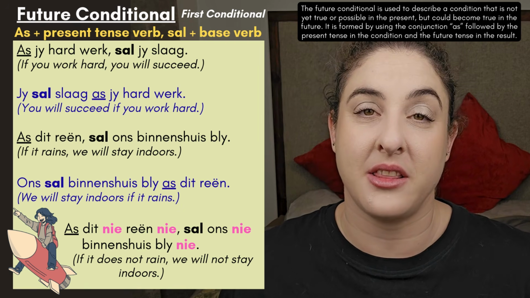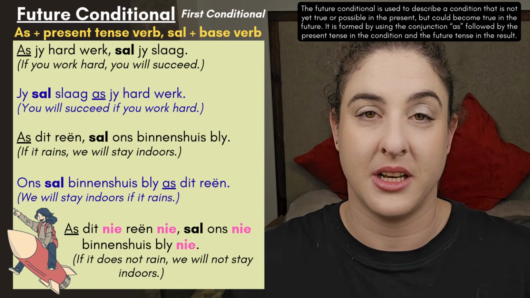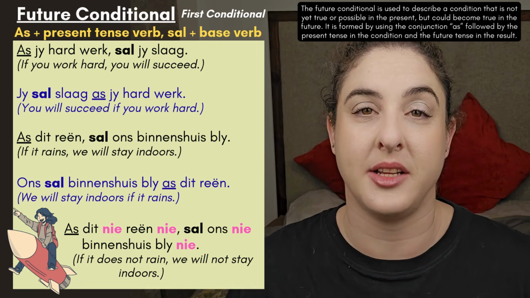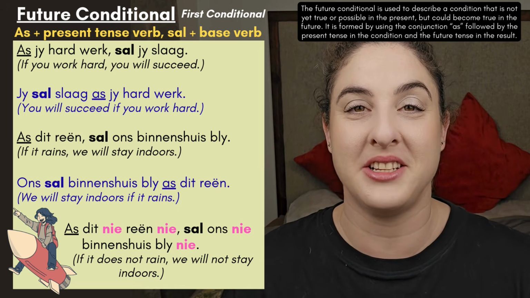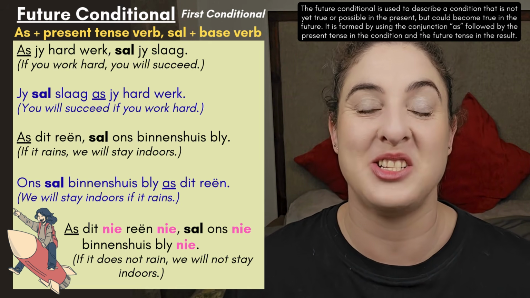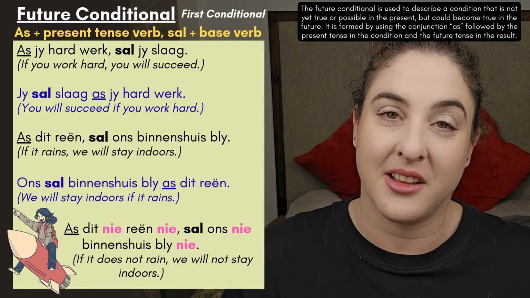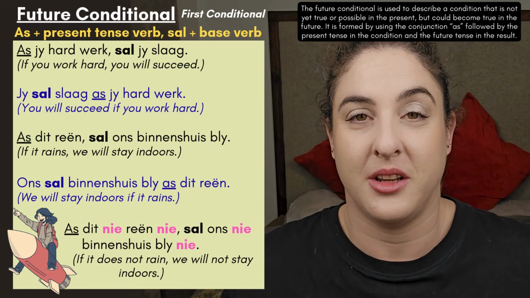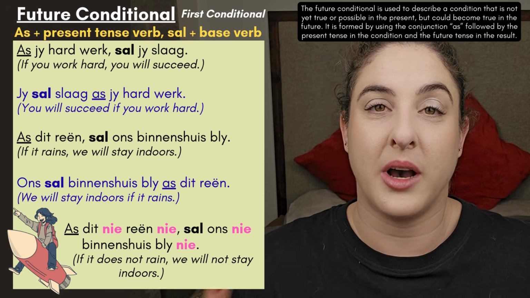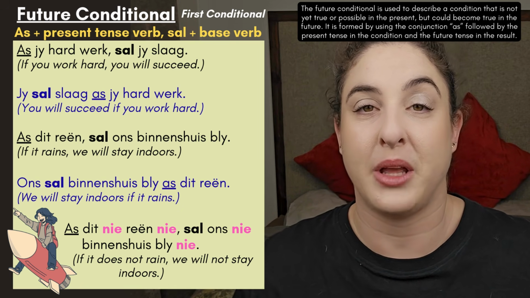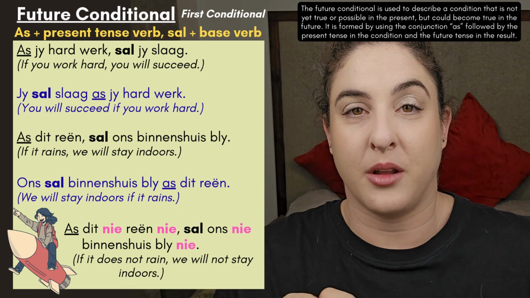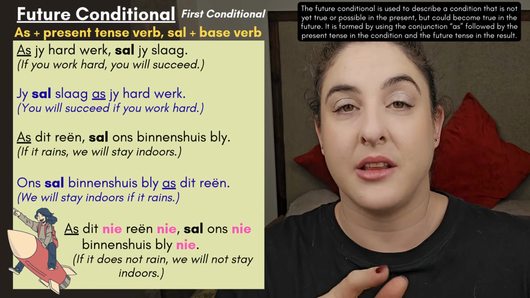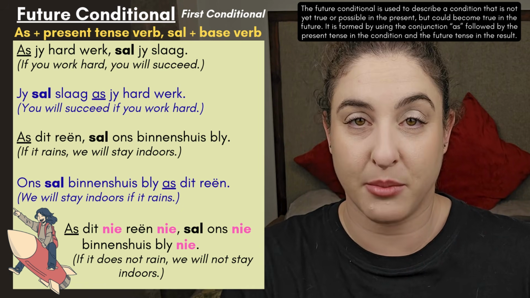And then you see the negation of that at the bottom. As dit nie reën nie, sal ons nie binnenshuis bly nie. Right, so now, unlike the factual conditional, where you had only one nie in part one, here you have a double negative in both parts when the if statement is in the beginning.